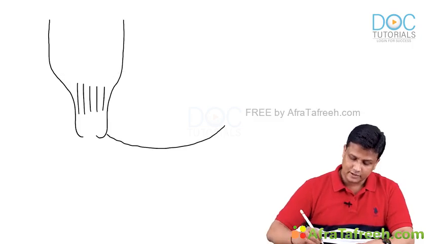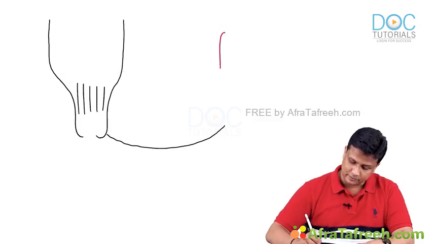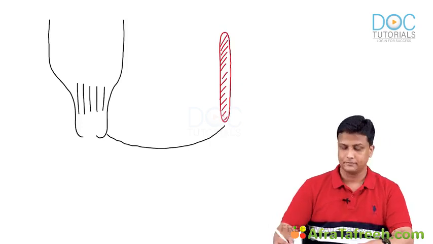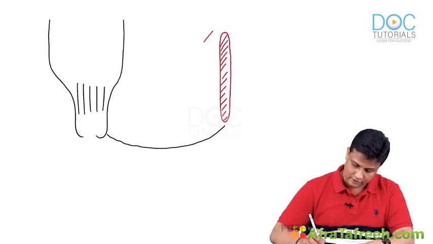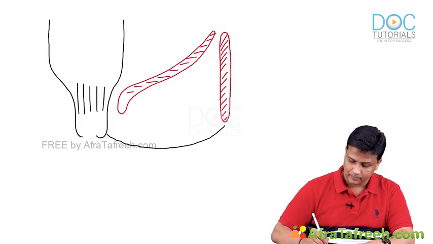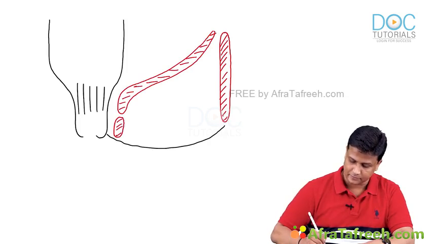Now what is the muscle that is present towards the lateral aspect here? This will be the obturator internus muscle. And then here you'll be able to appreciate the levator ani muscle towards the medial side, along with the external anal sphincter muscle.